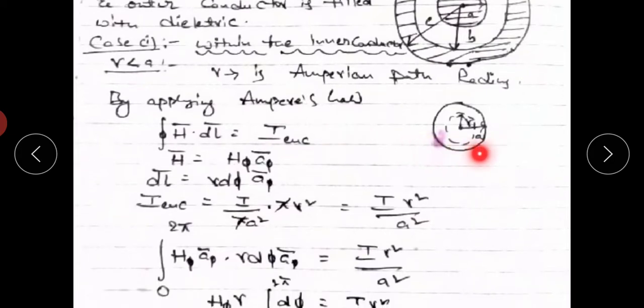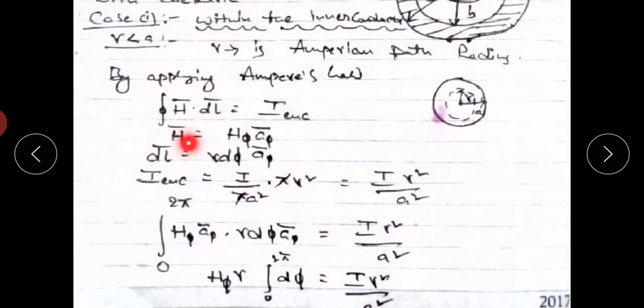This is the inner conductor, and inside it the dotted circle is the Ampere path of radius r meters. Here we are determining the magnetic field intensity inside the inner conductor, so r is less than a, where r is the radius of the Ampere path and a is the inner conductor radius.